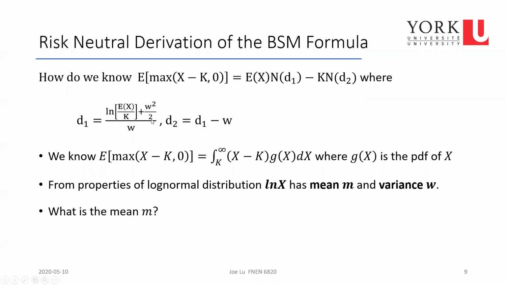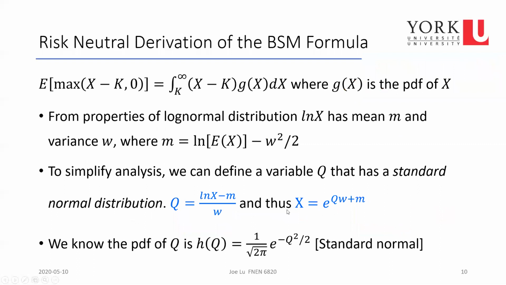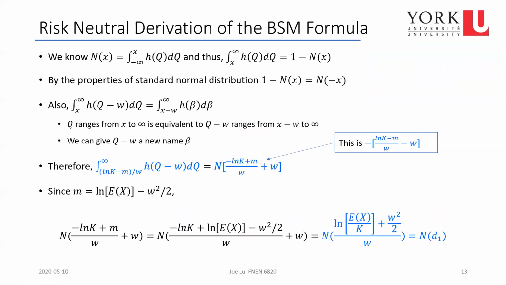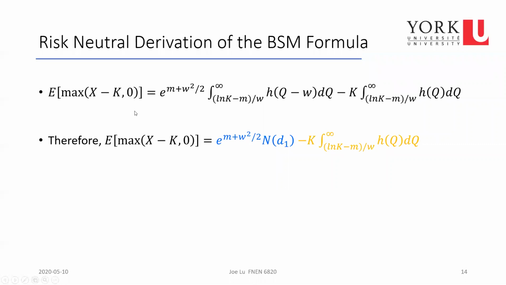That's for the N(d1) here. This is the d1 here. So d1 is equal to what's in the bracket here. So we have shown that we have this part here, and anything in the integral here is basically N(d1).